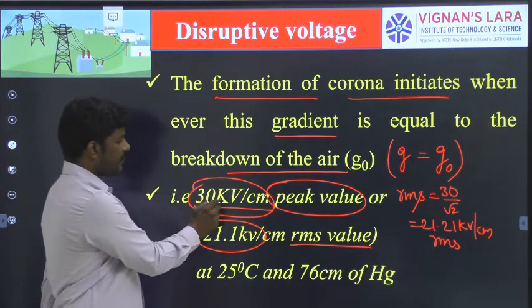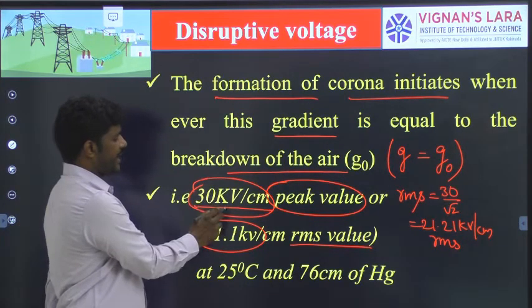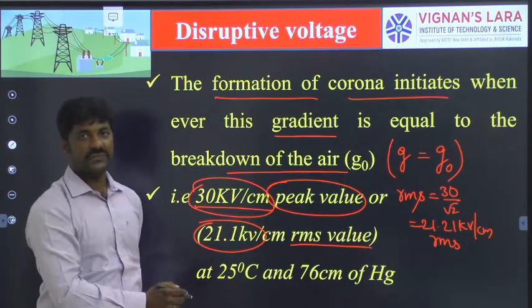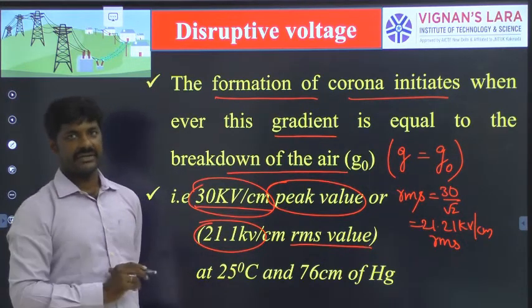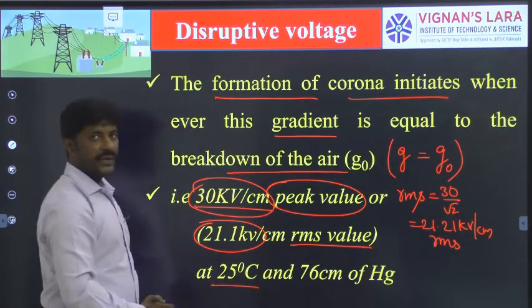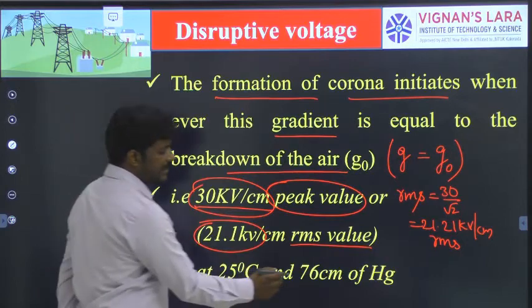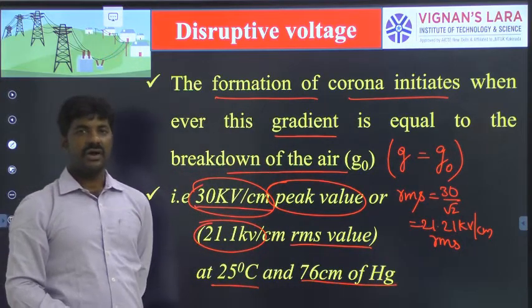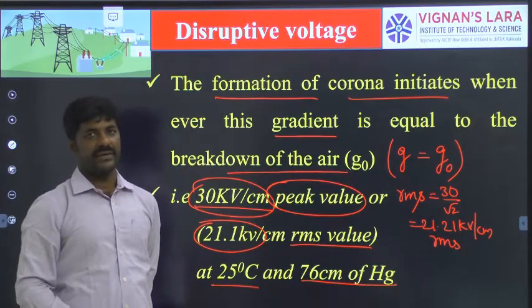This value of the breakdown strength of the air, 30 kV per cm, is defined at standard values of temperature and pressure. What are the standard values? The temperature is 25 degrees centigrade, and the pressure is 76 centimeters of Hg, that is mercury.